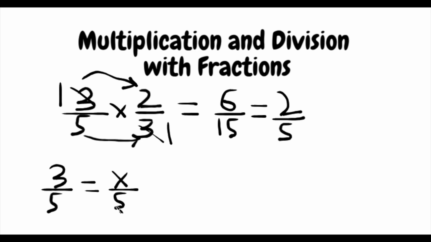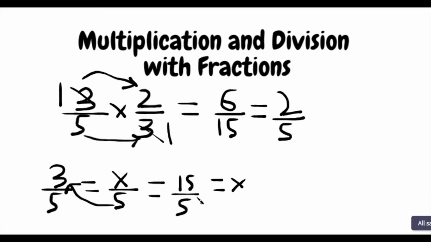So you would take this 5, multiply it by the 3, and so 5 times 3 is 15 over 5 equals x. All right, here's a good simplification practice for you. 15 divided by 5, how would you simplify that? If you want, you could try that on your own quickly. But basically, 15 divided by 5 is 3, so x is going to be 3.